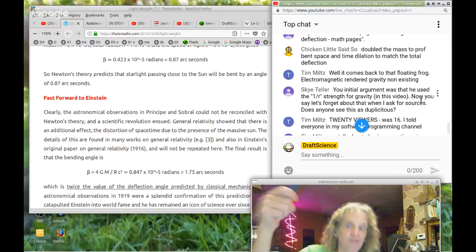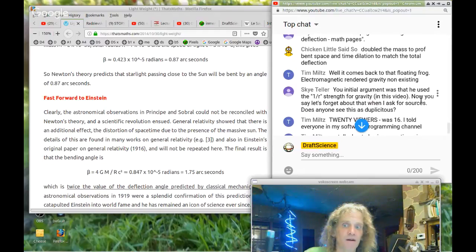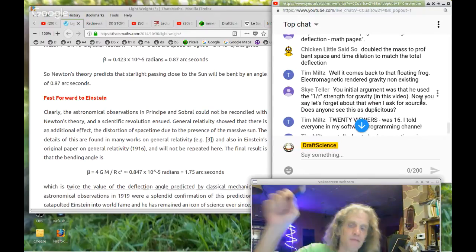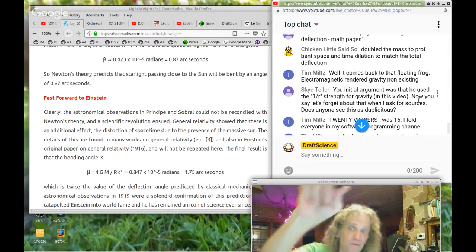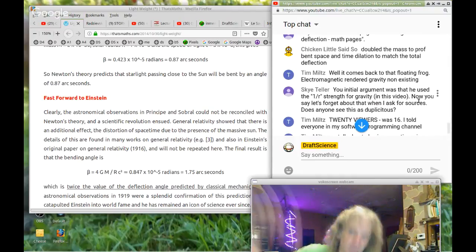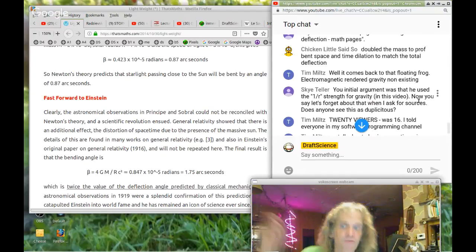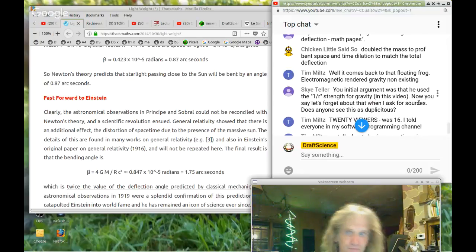If you want to get a 2, you leave the r squared. So if you leave the r squared, it'll be 2 times G times M. If you remove the square from the r, the derivation will produce 4GM.